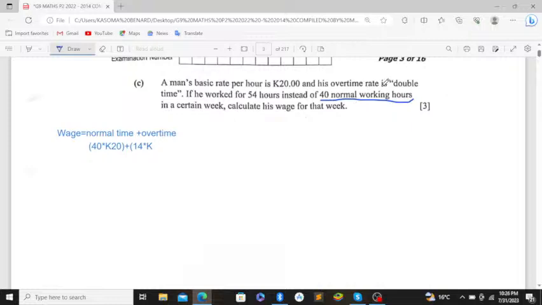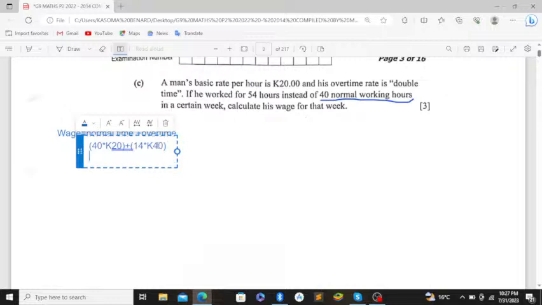When they say it is double time, what they mean is that whatever is paid in a normal hour, you double the amount. So he's going to get 20 times 2, that is 40 kwacha. That's why I'm saying here it's 40 kwacha. So we say times 40 kwacha, close bracket.